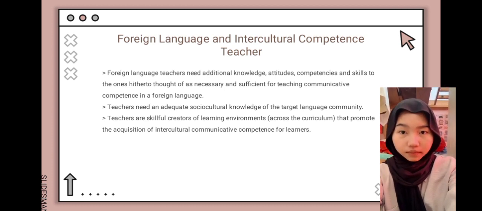And then, teachers need adequate socio-cultural knowledge of the target language community, frequent and varied contact with that community, as well as mastery of the pragmatic rules of the foreign language used in contexts that can be considered part of their professional environment. For example, working with foreign colleagues to organize classroom exchanges, and email contact.